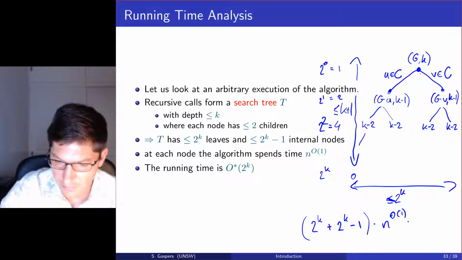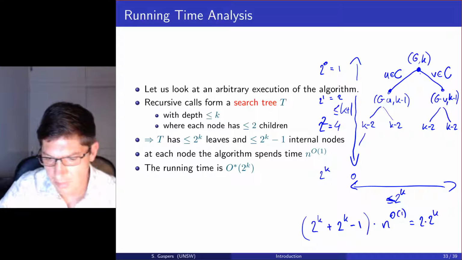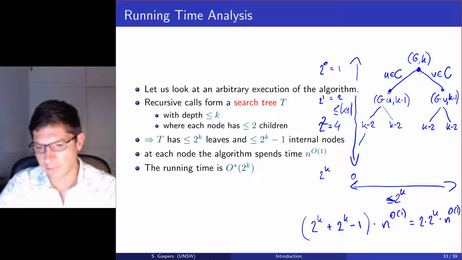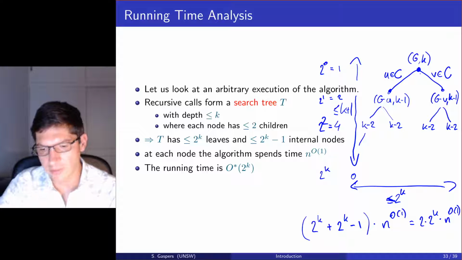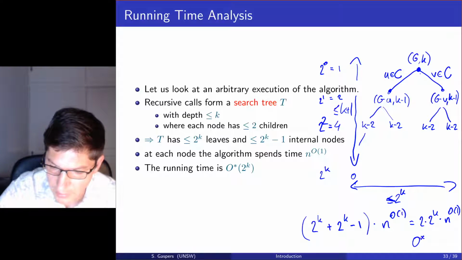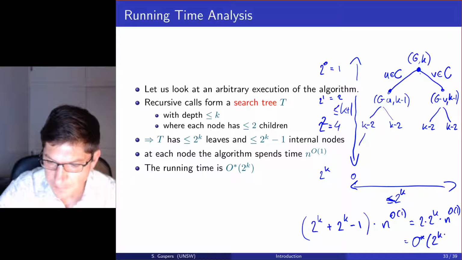This is 2 times 2 to the k. We can ignore the minus 1 times n to the power of 1. And of course 2 is just a constant. And then we get a running time of O star of 2 to the power k.